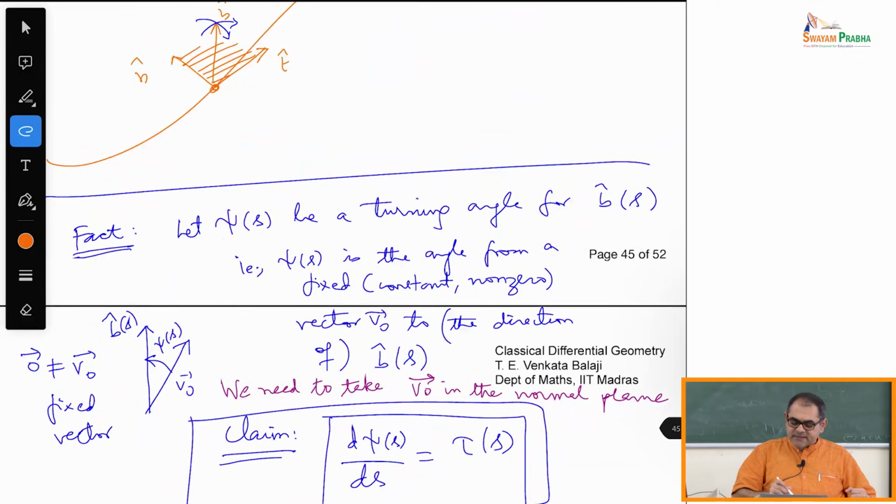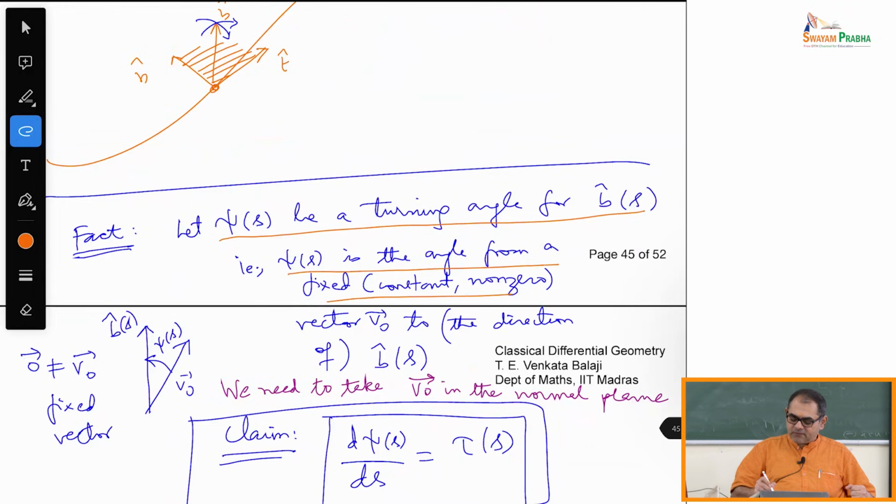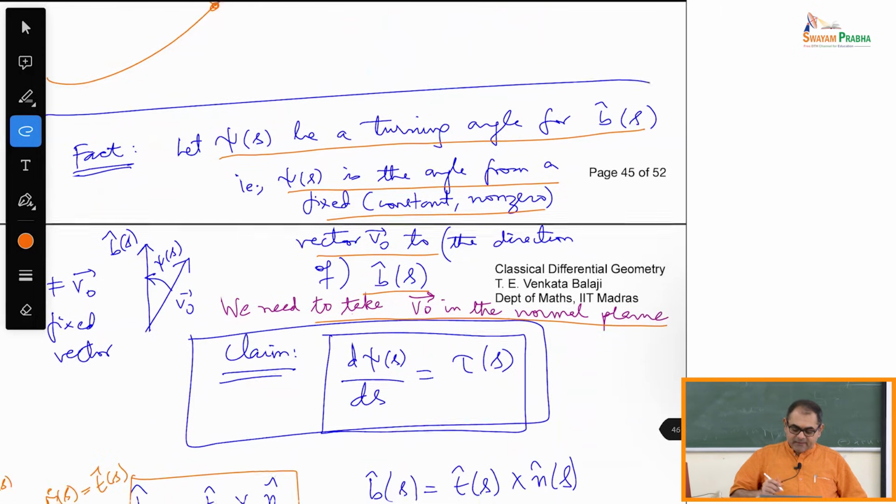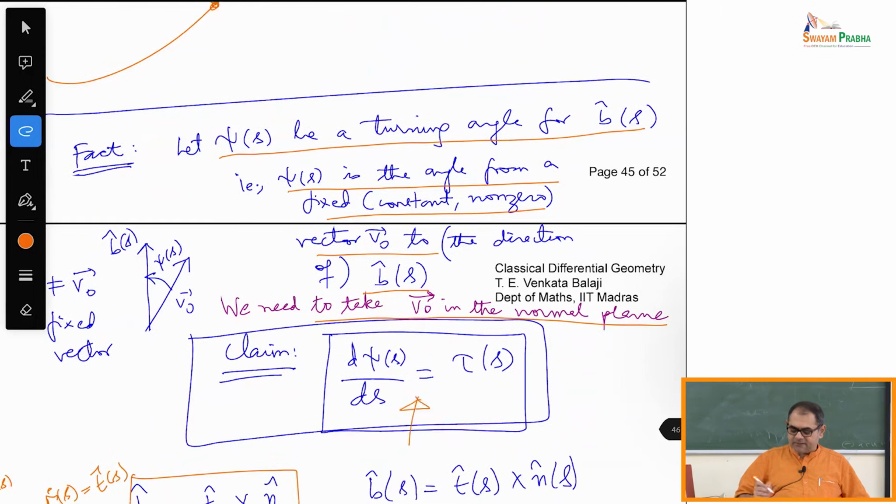If you take psi s to be the turning angle for b cap, an angle from a fixed constant non-zero vector to the direction given by the binormal, you need to take that in the normal plane. Then the claim is that the rate of change of that turning angle is your torsion.